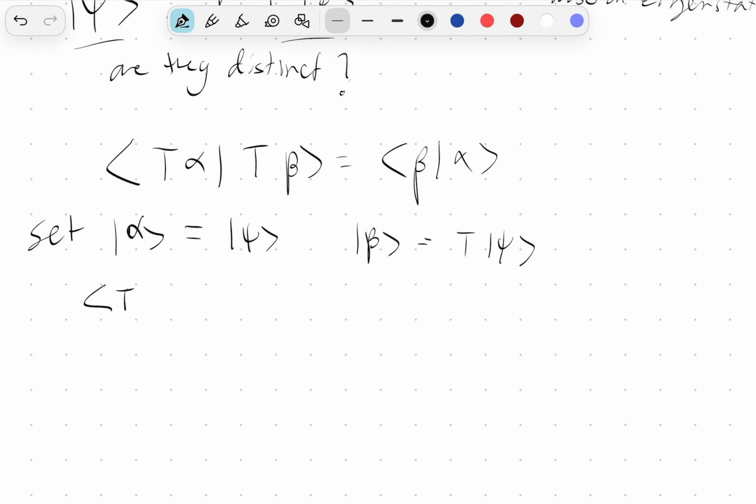Then we'll have the inner product of T psi with T acting on T psi. Sorry, that should be parentheses, not a comma. So we can apply the time reversal operator twice.